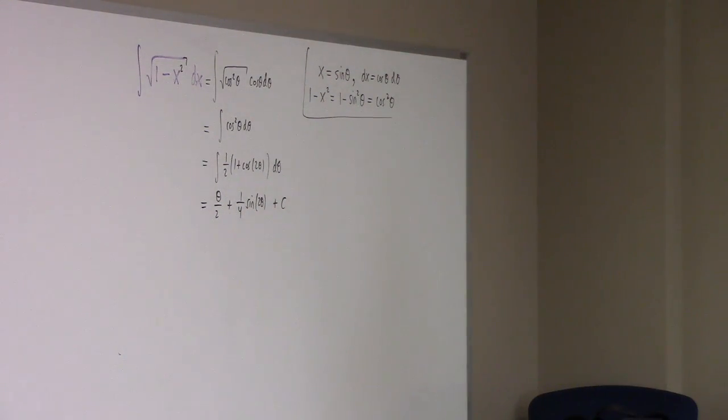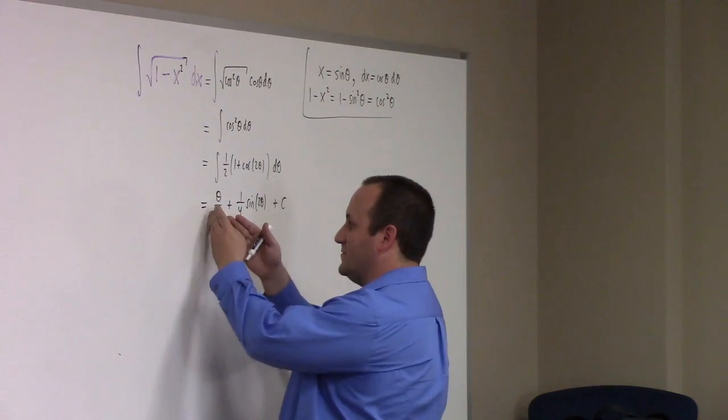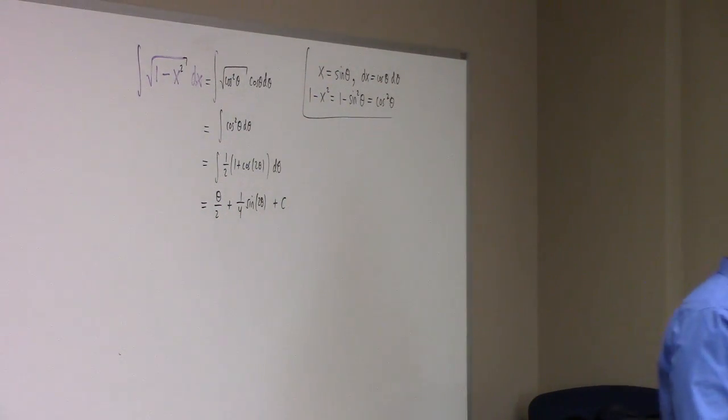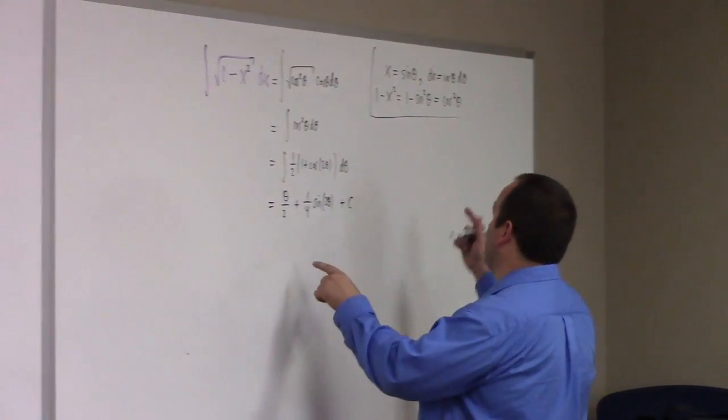Now this is not the answer, right? The answer should be in terms of x. So for a problem like this, the problem has what I call a naked theta. And that's just because there's just theta sitting out here on its lonesome. And so that pretty much means that you're going to have to write your answer in terms of an inverse trigonometric function. So I can solve for theta.